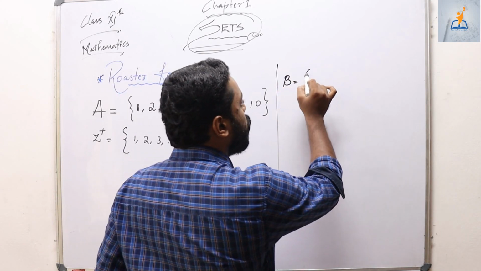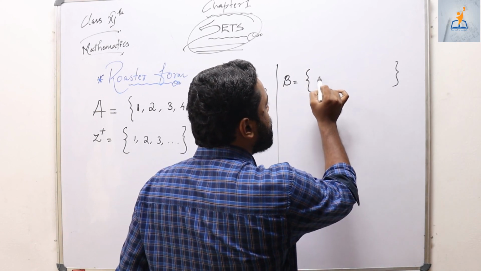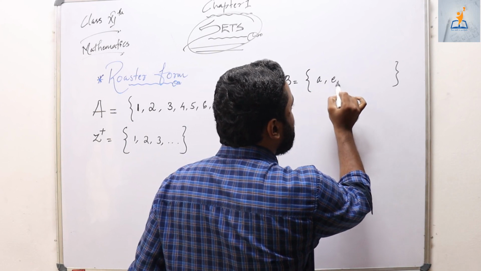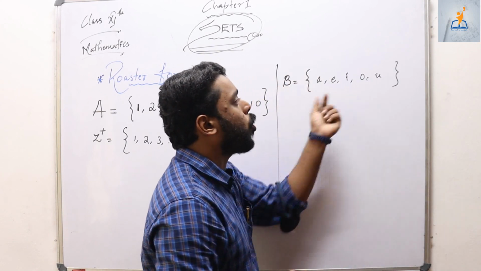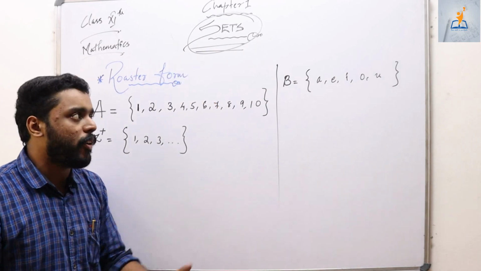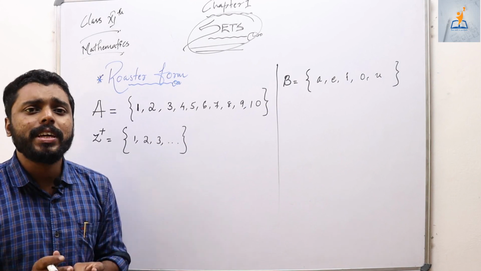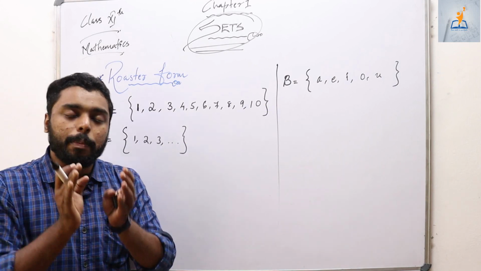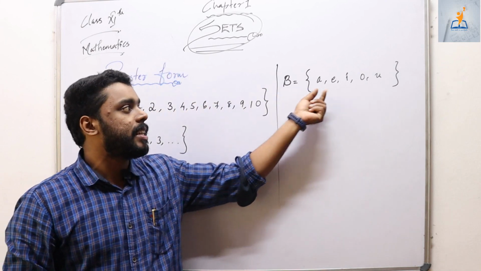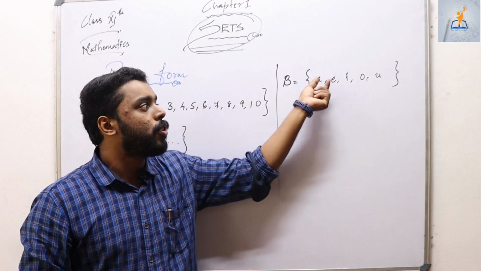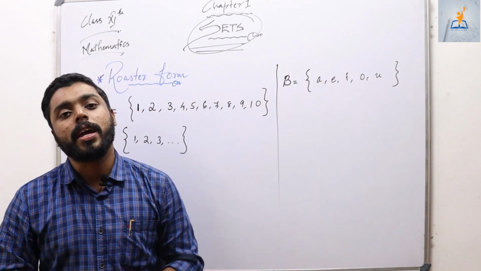Then you have to put that set in a curly bracket, and you have to list each and every term: A, E, I, O, U, and it must be separated by commas. So this is the way to deal with a set in roster form. Always remember that in order to represent a set in roster form, you have to put the set in curly braces, and you have to list each and every term inside it separated by commas.